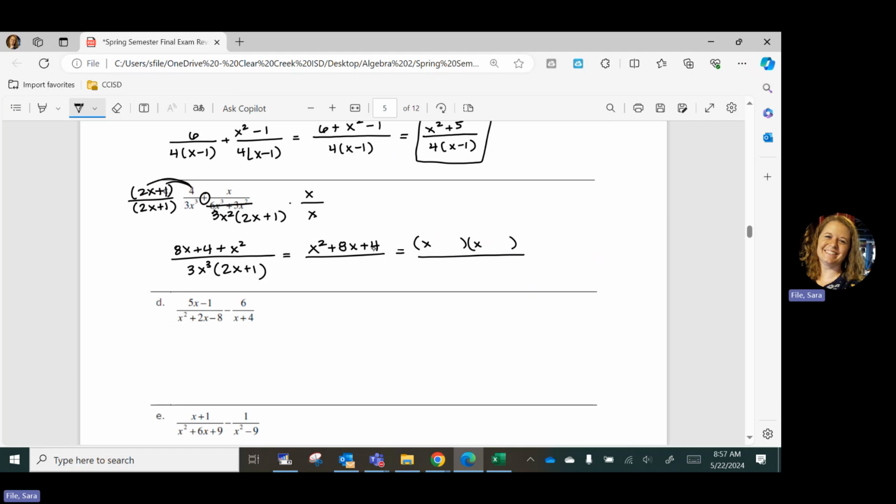So factors of 4 that would add to 8. Are there any factors of 4 that would add to 8? Just 4 and 1 and 2 and 2, right? Won't happen. So that's not factorable. So I can't take that any further. So that's as far as I can go.